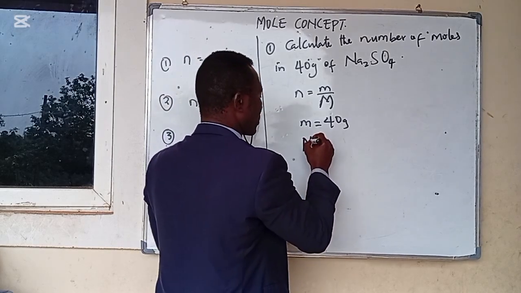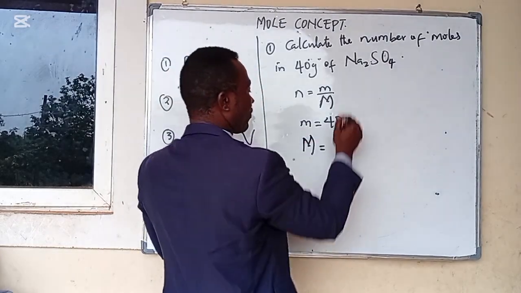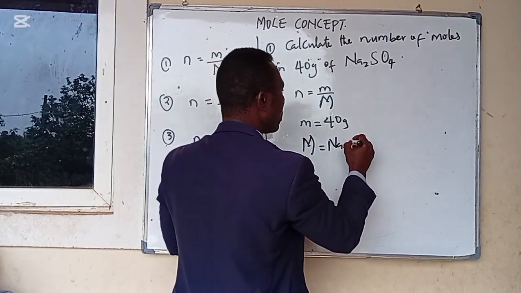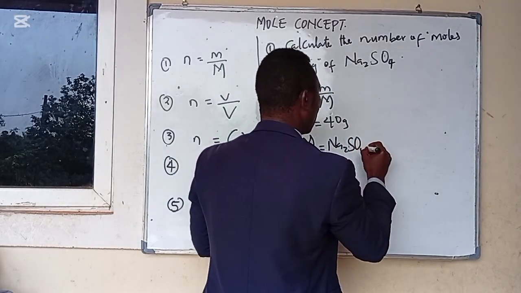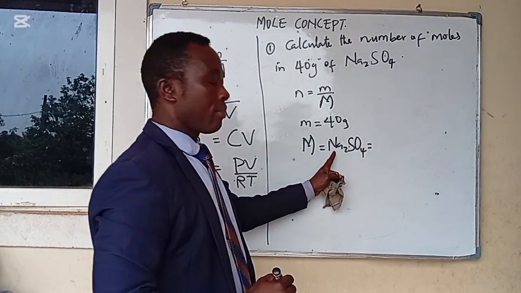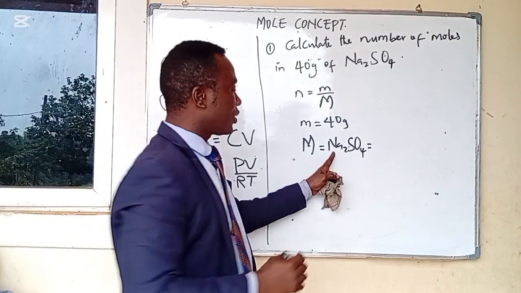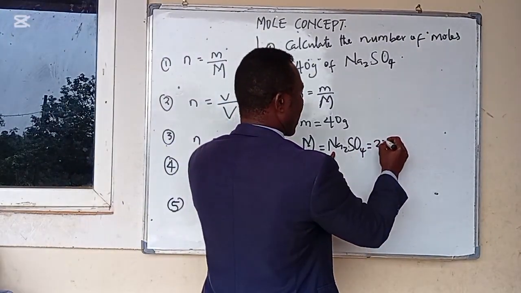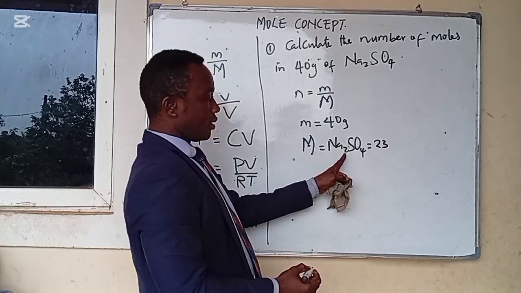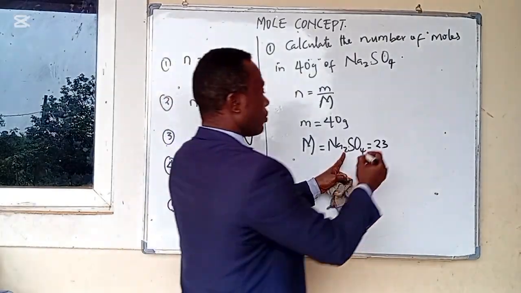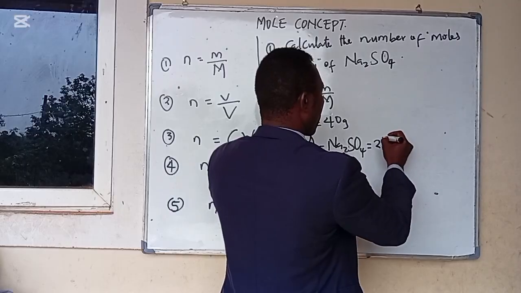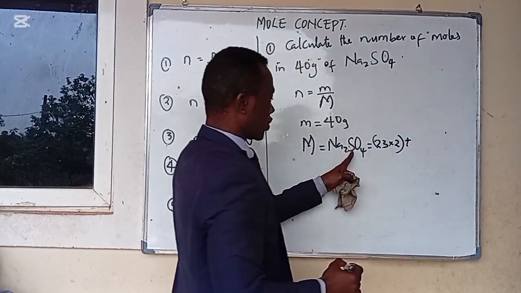Then the molar mass, we can get the molar mass of Na2SO4. So how do we get the molar mass? Remember, the atomic mass of sodium is 23. So 23 for sodium multiplied by 2, because we have 2 atoms of sodium here, then plus sulfur.